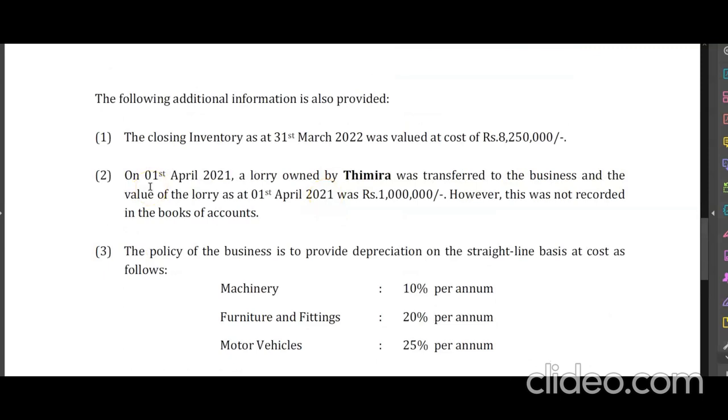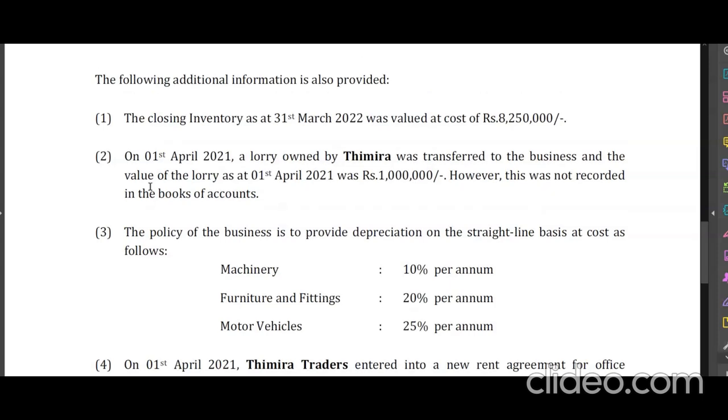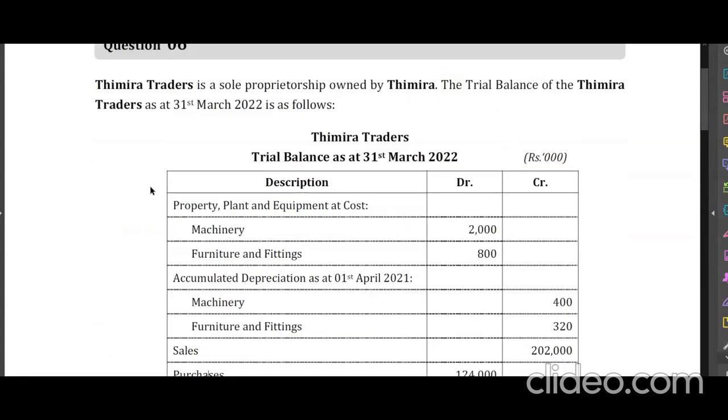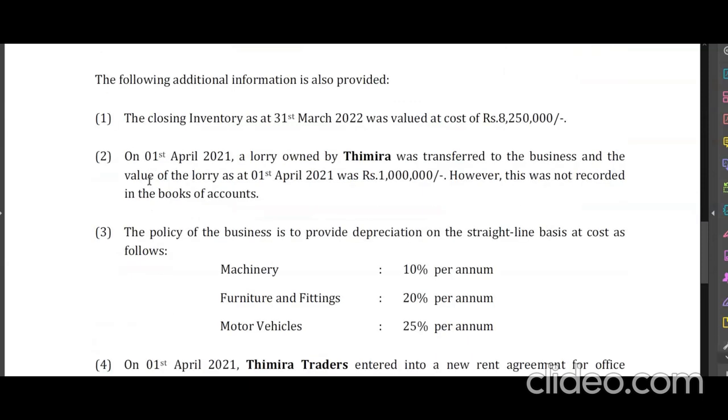The second point says that on 1st of April 2021, the opening day of the current financial year for which we are doing these financial statements, a lorry owned by Timira was transferred to the business. It has been mentioned here that Timira Traders is a sole proprietorship owned by Timira, so Timira is the owner. The value of the lorry as at 1st April 2021 was 1 million rupees.